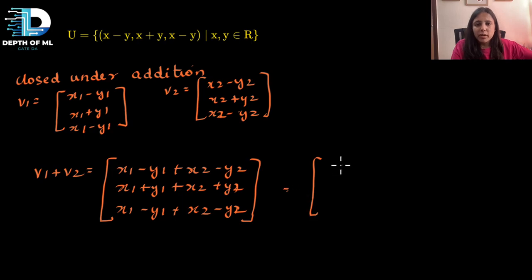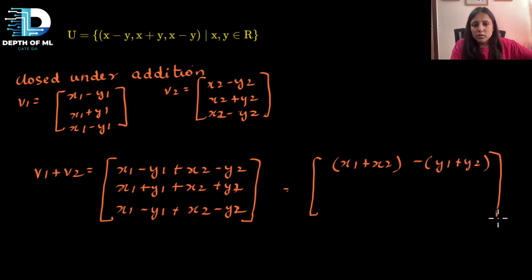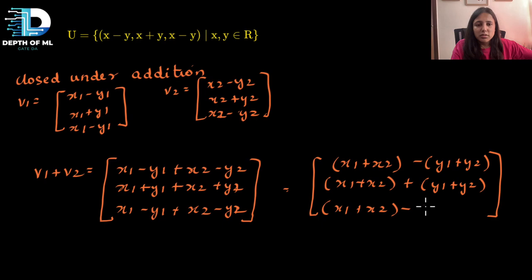So I'll get x1 plus x2 minus y1 plus y2. Then I have x1 plus x2 plus y1 plus y2, and I have x1 plus x2 minus y1 plus y2.